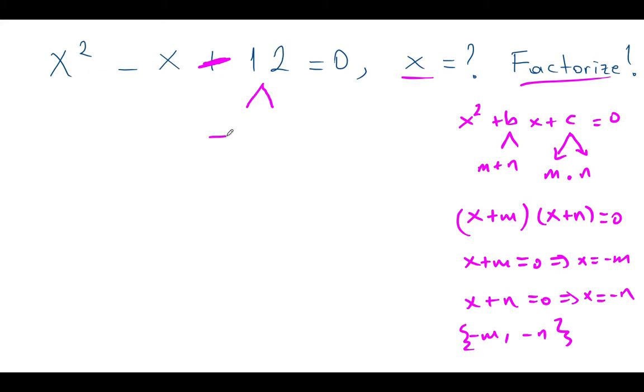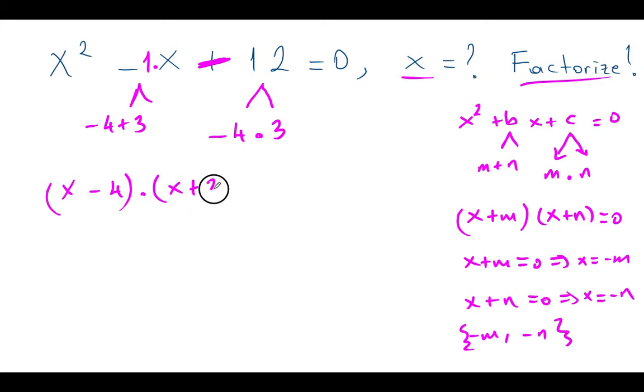And if I factorize this, it will be negative 4 times 3 and negative 4 plus 3, which is negative 1. So you know this is negative 1 always. So negative 4 times 3 is negative 12, which is here. So I can write that (x minus 4) times (x plus 3). So I just factorized this.